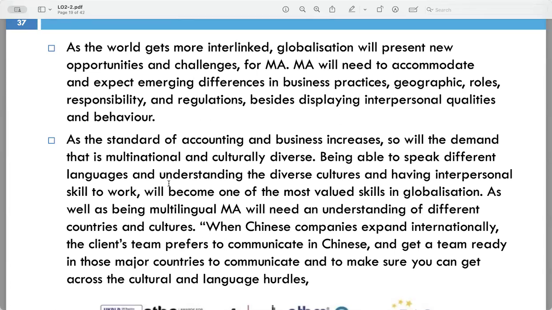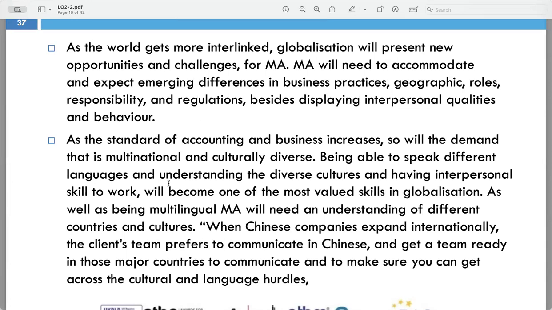One of the most valuable abilities will be the ability to communicate in several languages, knowledge of a variety of cultures, and the ability to work effectively with people from different backgrounds, in addition to being able to speak many languages. And management accounting will require an overall comprehension of a variety of countries and their respective traditions.